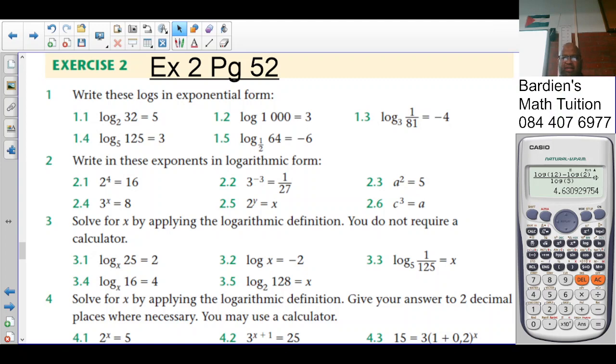Now we're looking at exponential functions and their inverses.